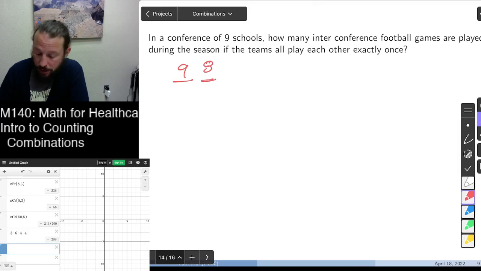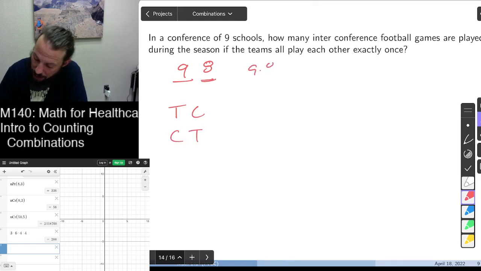But notice what that's going to do: say the Tigers are going to play the Cardinals. But you'd also count Cardinals versus Tigers. We only want to count exactly once, so we'd have to take 9 times 8 and divide it by 2 because we want these two to be the same.